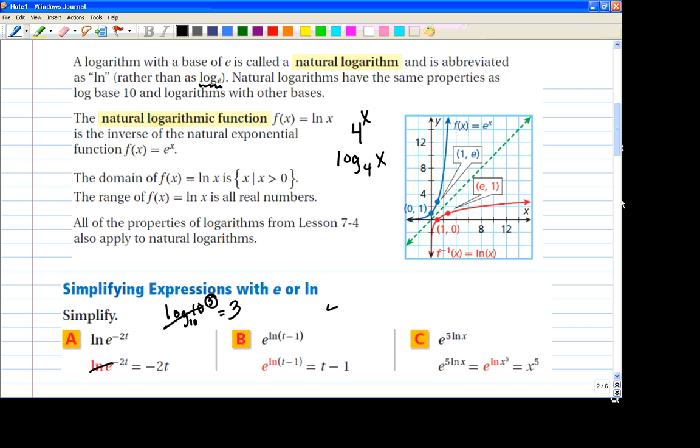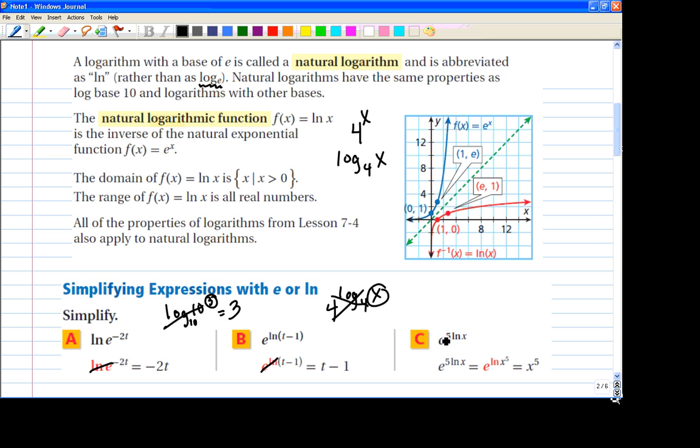Whenever we saw things like 4 to the exponent of log base 4 of x, we knew the 4 and the log base 4 basically canceled, and you were left with the x. Similar thing here. E to the ln cancels, and you're just left with the t minus 1.